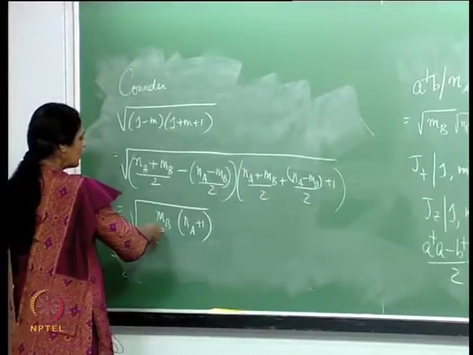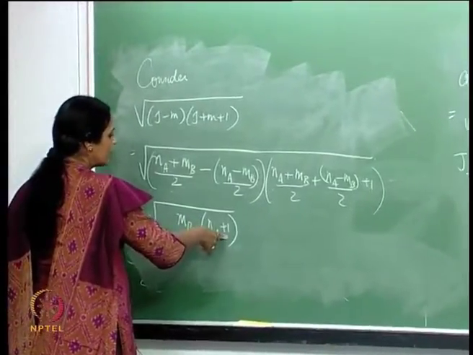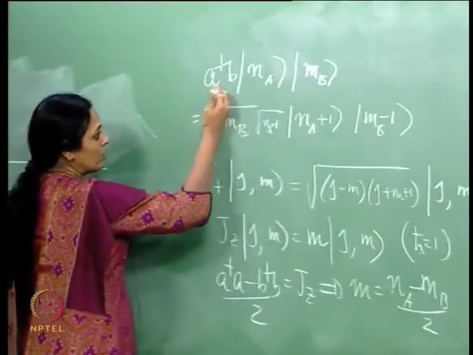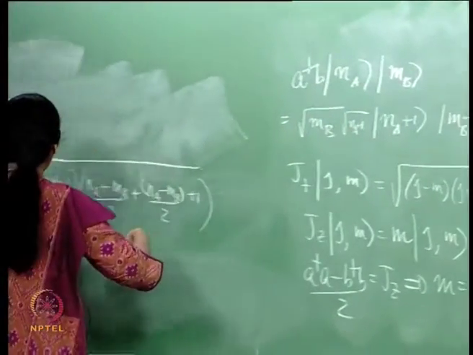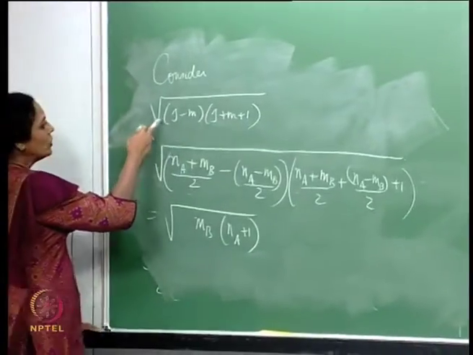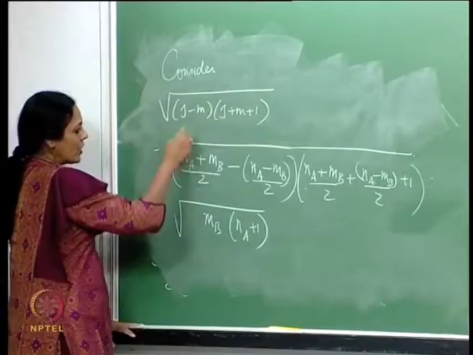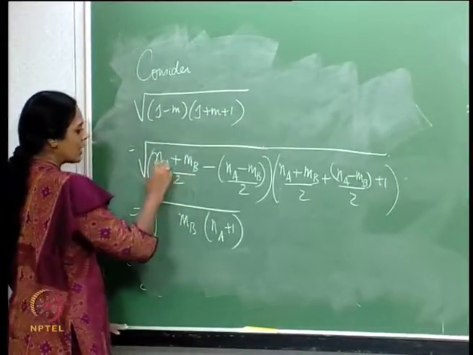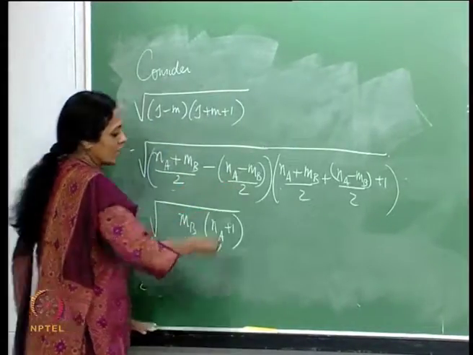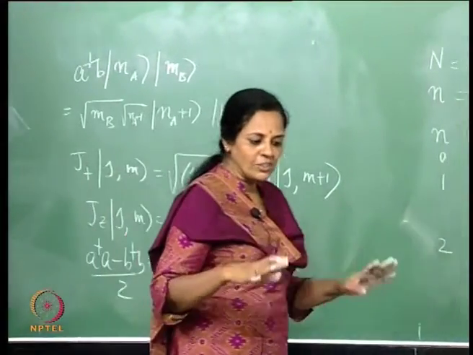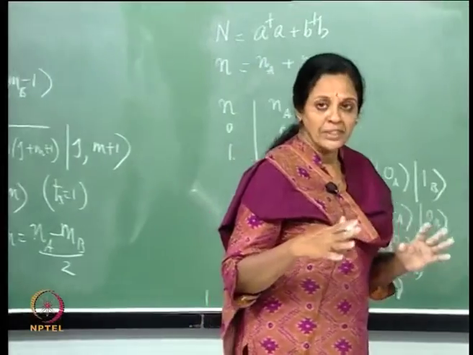I have identified root MB times root NA plus 1, which is what comes out when A dagger B acts on the state as the coefficient. I have identified that with root of j minus m into j plus m plus 1, where j itself is NA plus MB by 2 and m is NA minus MB by 2. Therefore, the angular momentum algebra is complete.